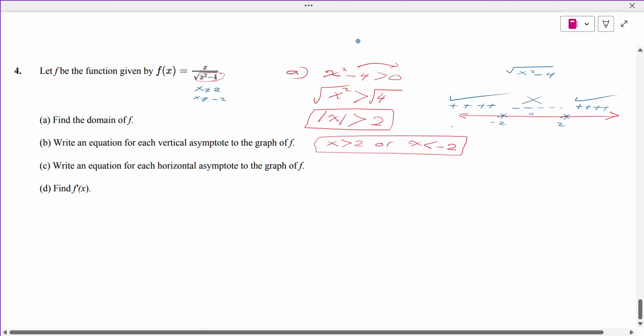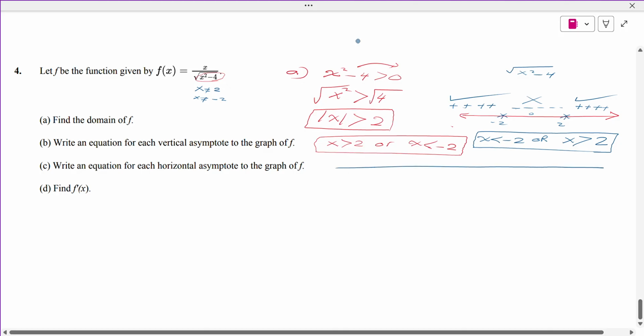So we can say that x is bigger than 2, and x is smaller than minus 2. So there are two methods to find the domain. Again, 2 and negative 2 are excluded because they will make the denominator 0. This is the first part.